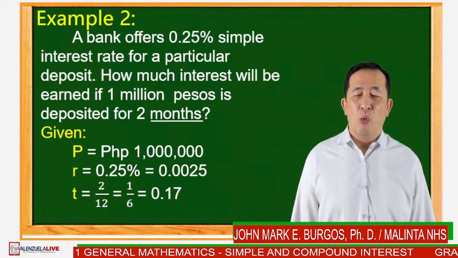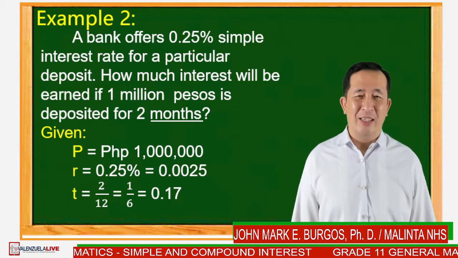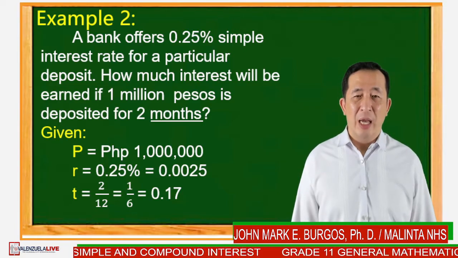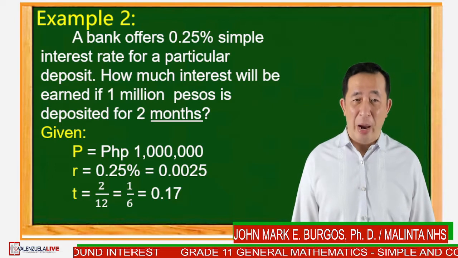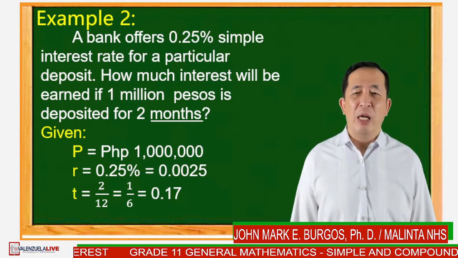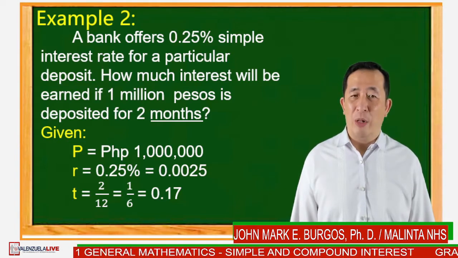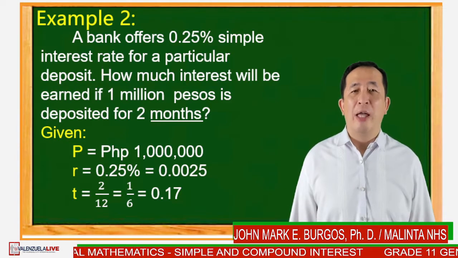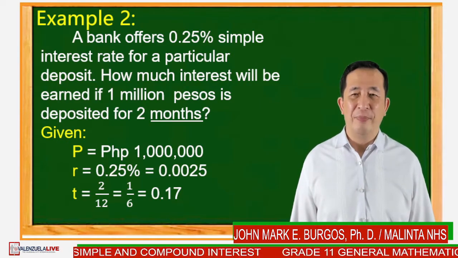Notice that we divided 2 over 12 because what is asked in the problem is 2 months. We have to divide that by the number of months per year. So that will be 2 over 12, simplified to 1 over 6, and as a decimal, 0.17.